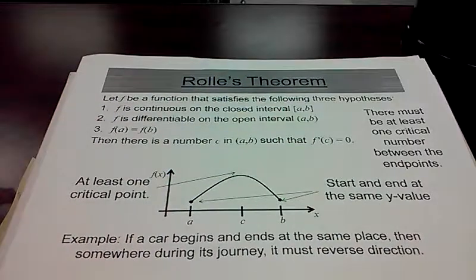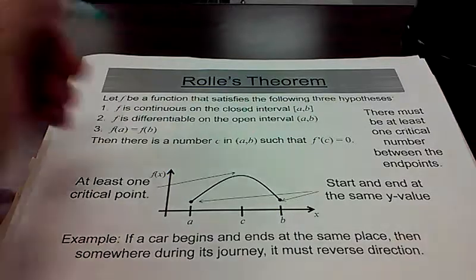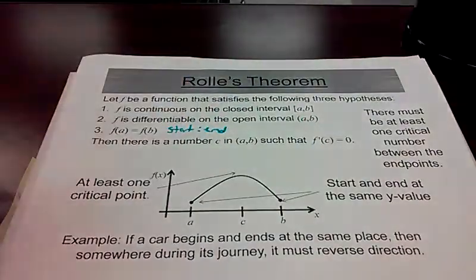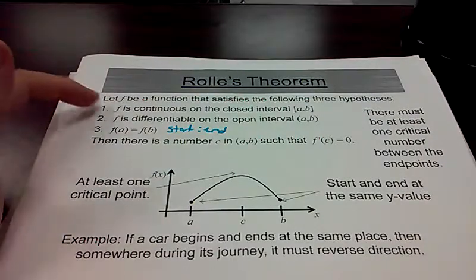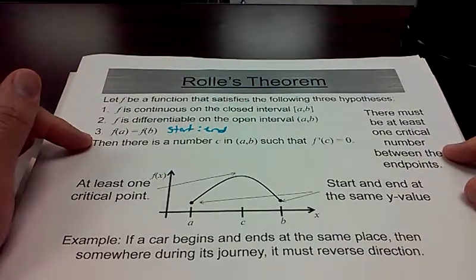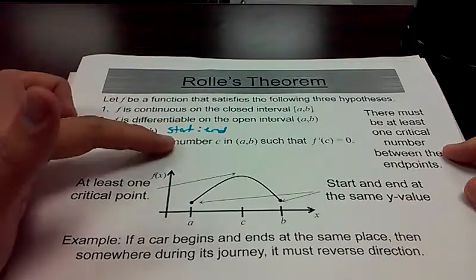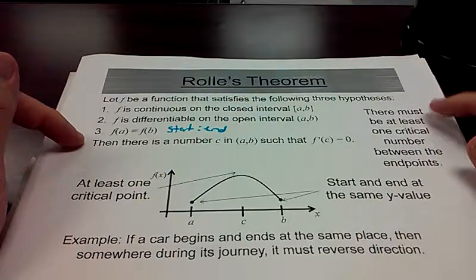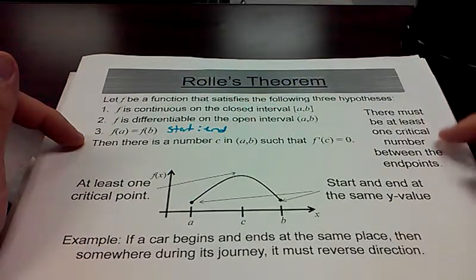In other words, the starting value is equal to the ending value. That's crucial. If those three statements are met, then Rolle's theorem says there has to be a number c in that interval such that the derivative at c is 0. In other words, there must be at least one critical number between those endpoints.